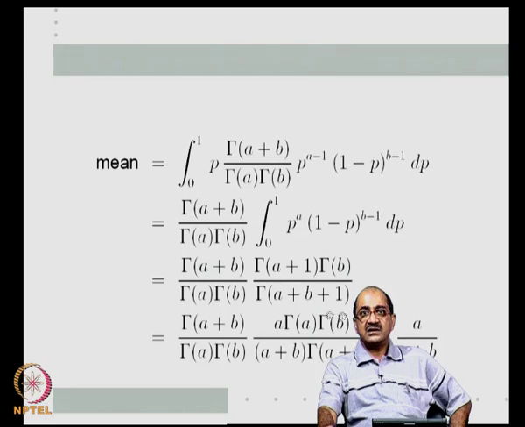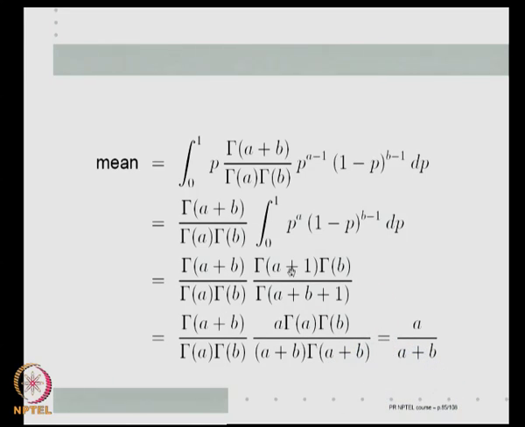So, if I write that, it becomes gamma of a plus b by gamma b, a into gamma a, over a plus b into gamma a plus b. So, cancel all the gamma terms, you get a by a plus b as the mean. So, for the beta density, a by a plus b is the mean and a minus 1 by a plus b minus 2 is the mode. Okay. So much about the beta density.